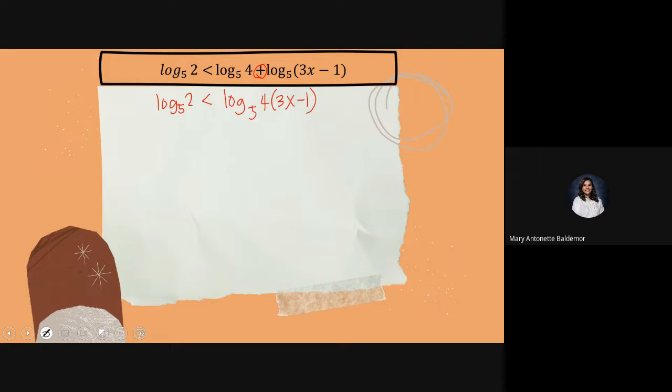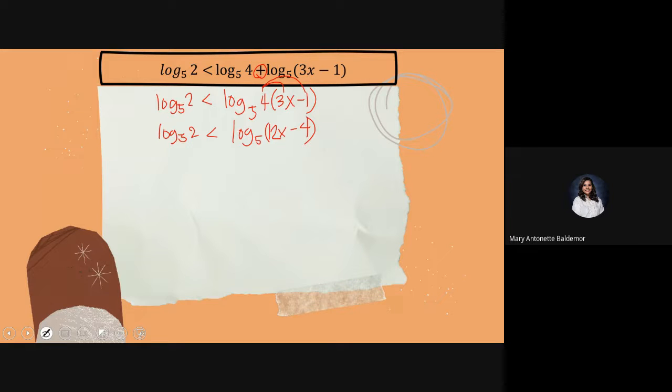Simplifying this logarithm, we can distribute. So we have the logarithm of 2 with base 5 less than the logarithm of 4 times 3x, which is 12x, minus 4 with base 5.